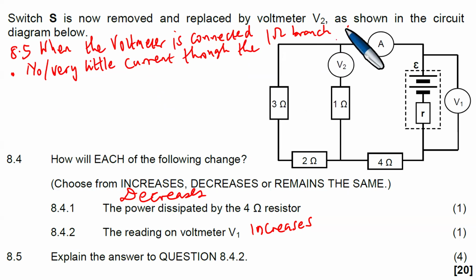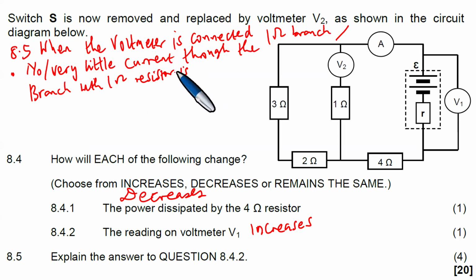Or if you don't want to say that, you can say that the branch with 1 ohm resistor is disabled.